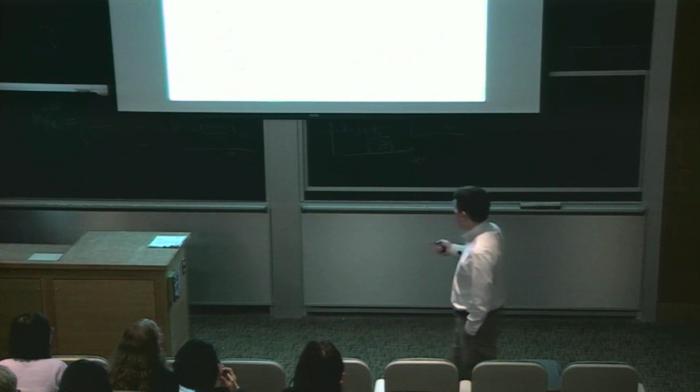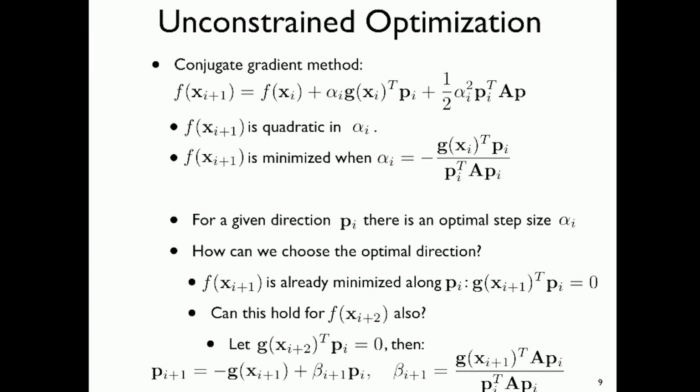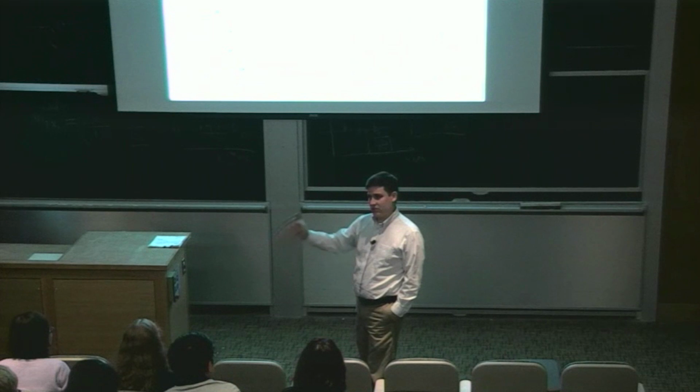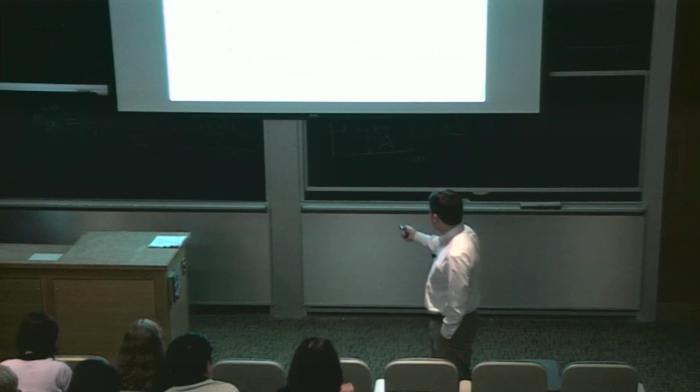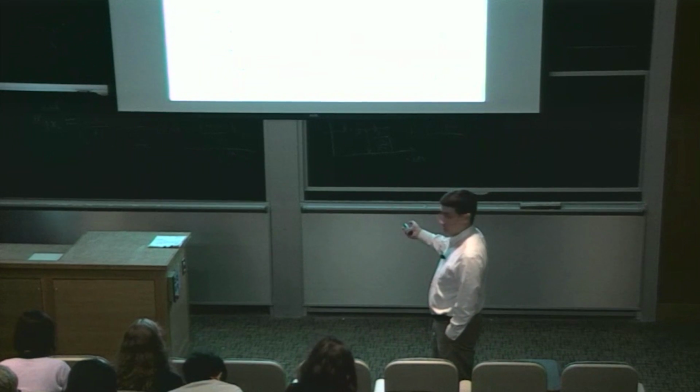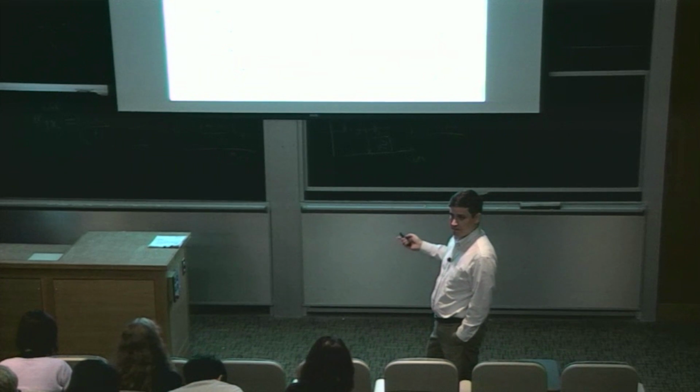And one particular choice is this one, which says step along the gradient direction. Do steepest descent, but project out the component of the gradient along p_i. We already minimized along p_i. We don't have to go in the p_i direction anymore. So do steepest descent, but remove the p_i component. Okay?